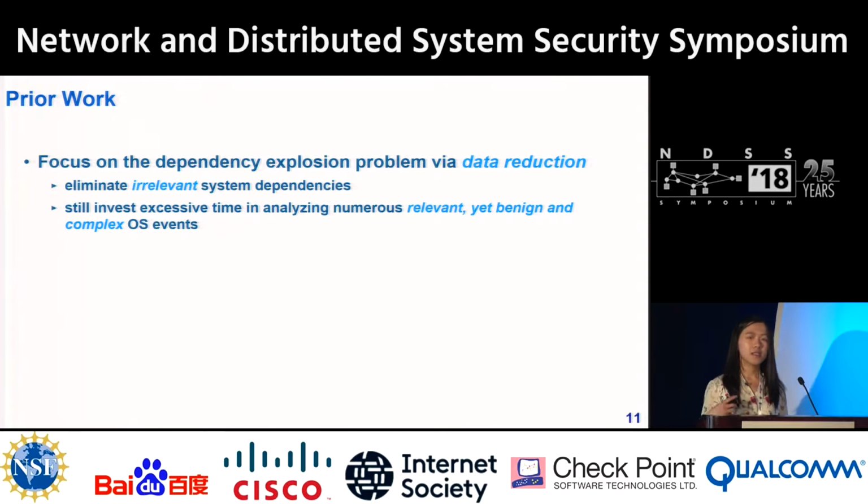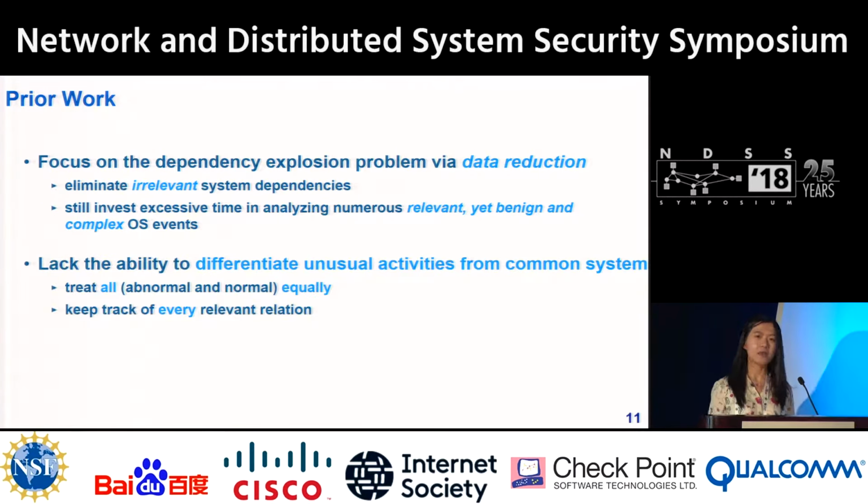However, the result is they still invest a lot of time looking at relevant yet benign and normal system routines. Essentially, this is because they don't have the ability to distinguish abnormal activities from common system activities. As a result, they have no choice but to treat all dependencies, either abnormal or normal, equally and keep track of every relation in the forward tracking graph.